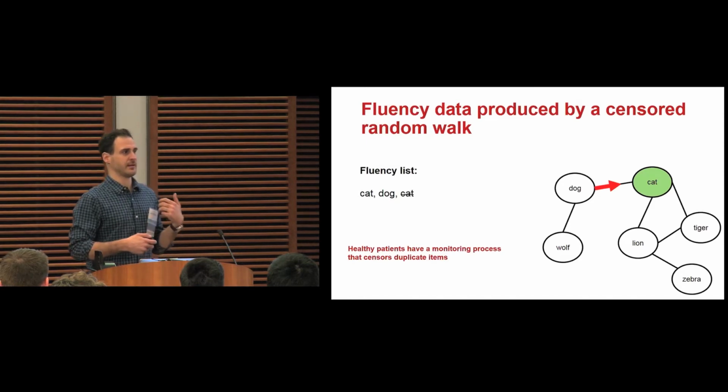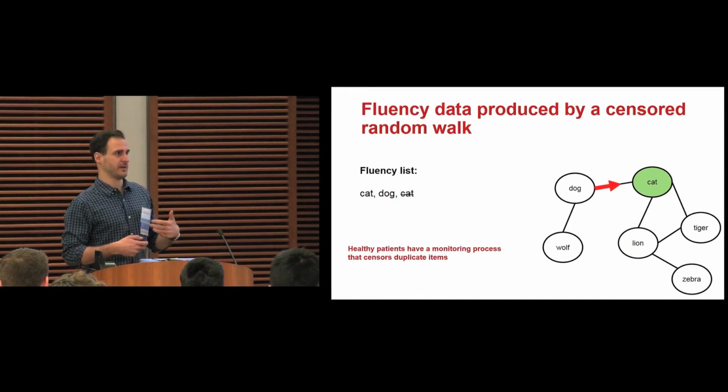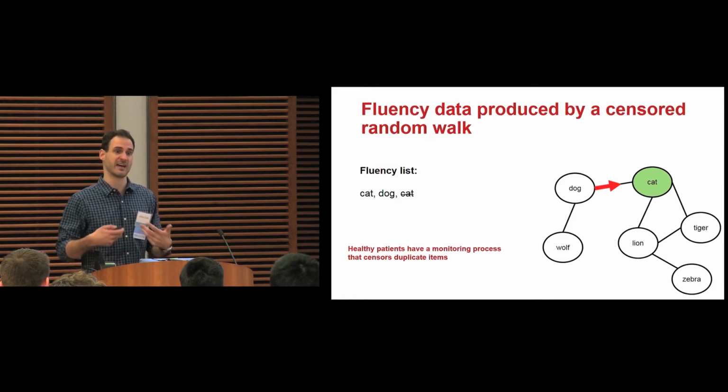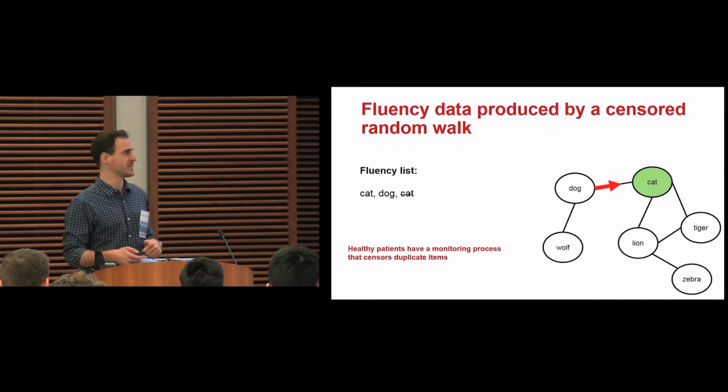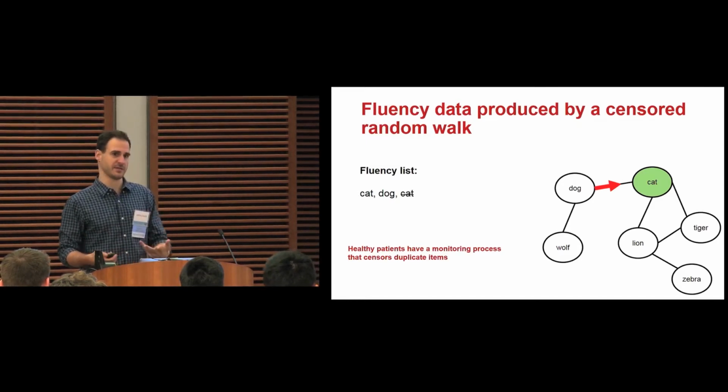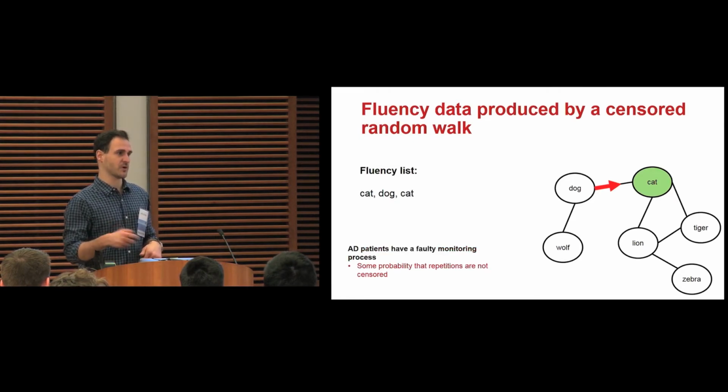But we think that healthy patients have an internal monitoring process that prevents them from saying the same word more than once, because they don't have perseverations in the data typically. So even though the walk traverses cat more than once, the patient will say it only the first time and not the second time. But we think this monitoring process is impaired in Alzheimer's individuals, so that if the walk traverses over the node more than once, there's some probability that you do emit that word and it's not censored, even though it should be.